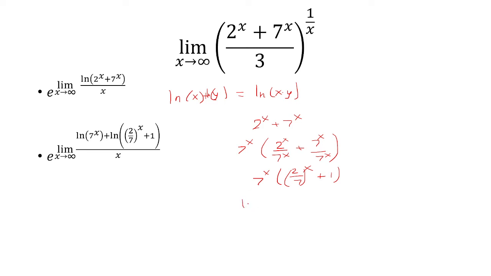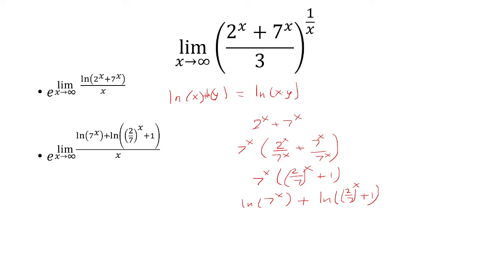So that's the same thing as saying ln of 7 to the x plus ln of 2 over 7 to the x plus 1. Because now when I add these logs, I'm multiplying the inside, and I end up with ln of 2 to the x plus 7 to the x. So that was just a little proof of how I got that.